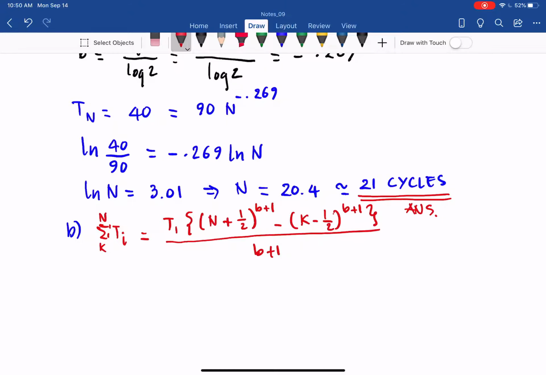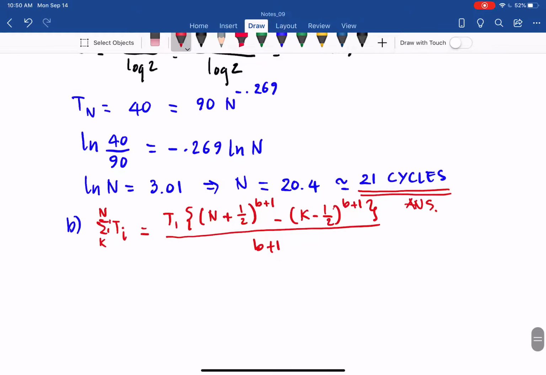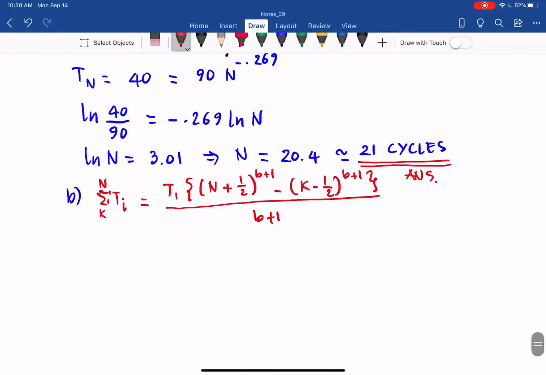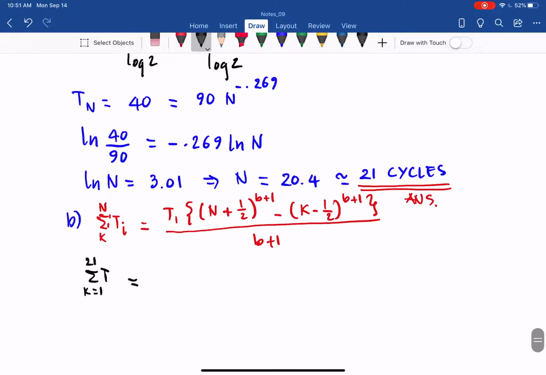So that is the total production time from unit 1 to unit 21. In this problem we apply that with k from 1 to 21, and plug in T1 as 90.